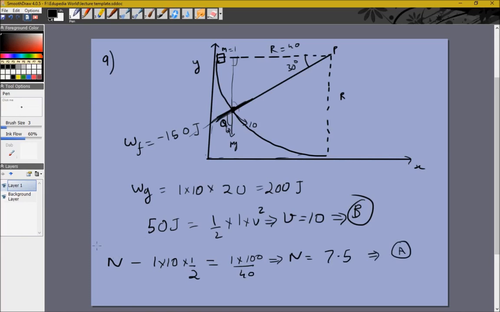So this is the answer to the 10th question, A. 9th question B, 10th question A. This was one of the easier questions in this paper, a standard mechanics problem, nothing too complicated about it.